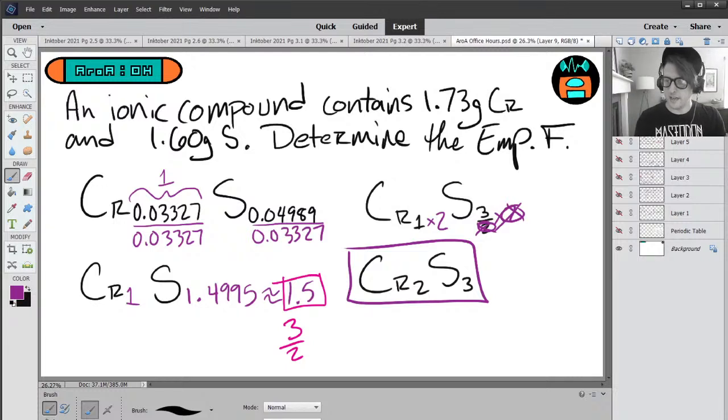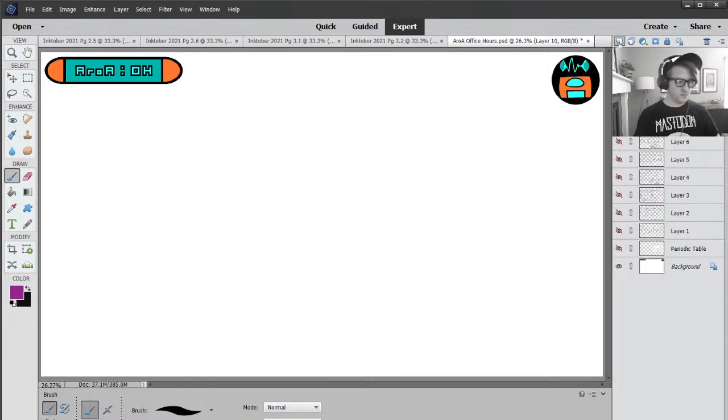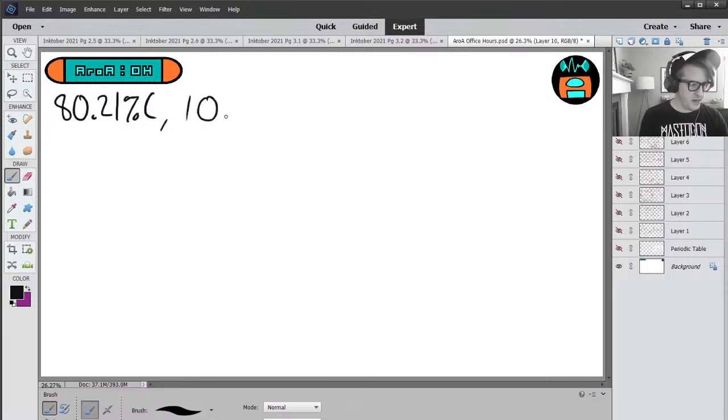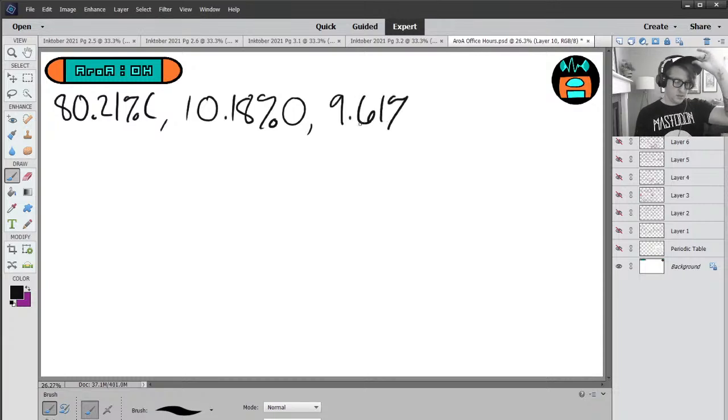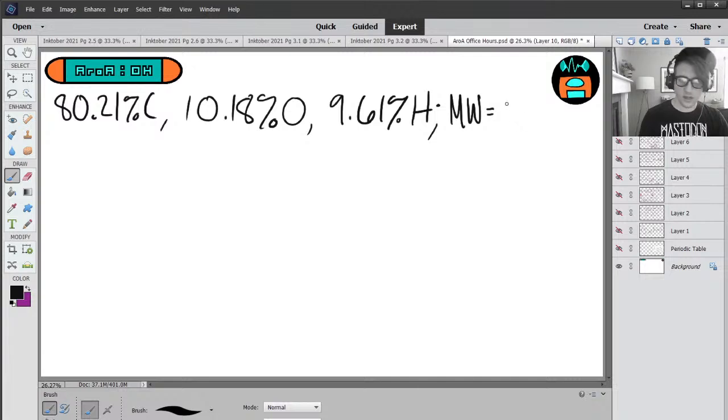Here, let me open up a new slide. All right, so we have a molecule that is composed of, let's see, 80.21% carbon, 10.18% oxygen, and 9.61% hydrogen by mass, has a molecular weight of 314.47 AMU.